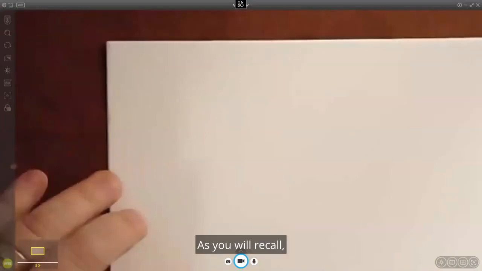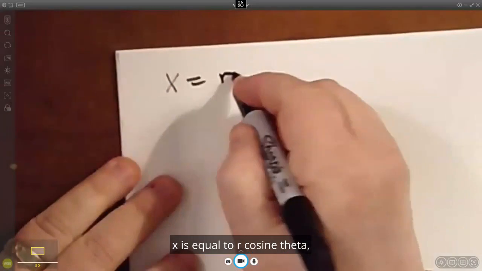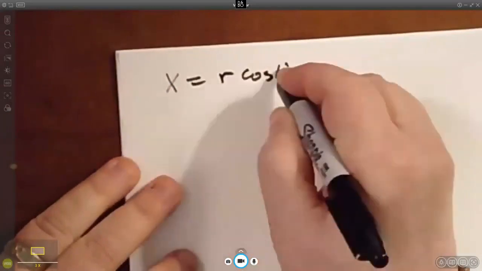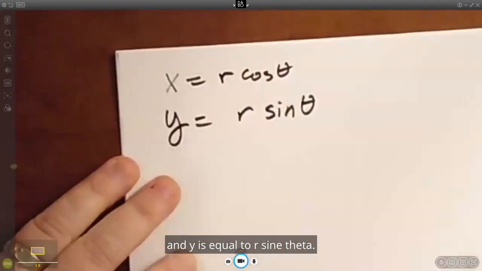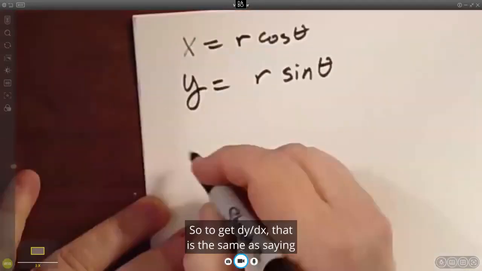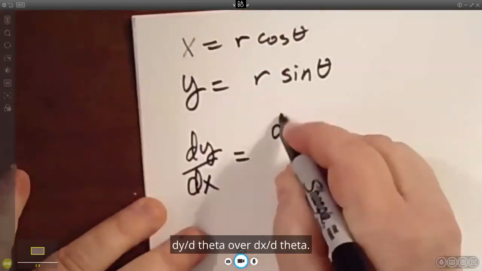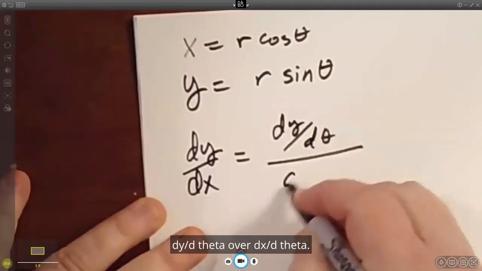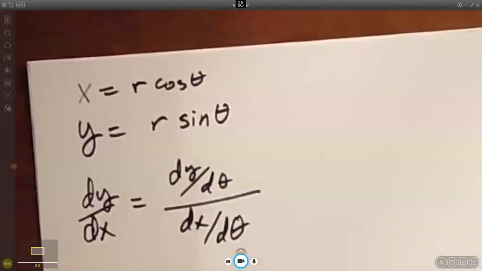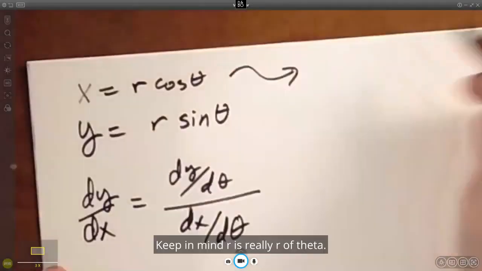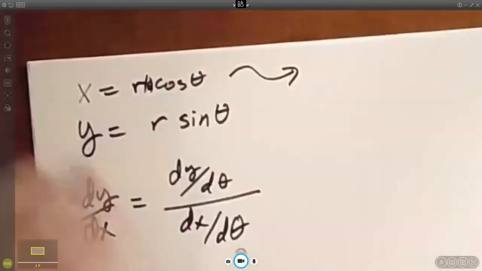As you will recall, x is equal to r cosine theta, and y is equal to r sine theta. So to get dy/dx, that is the same as saying dy/d theta over dx/d theta. Let's do this. Keep in mind, r is really r of theta. It's a whole function there.